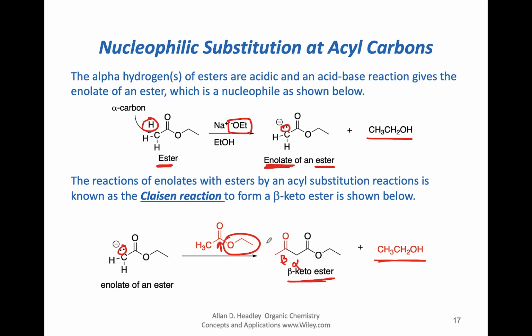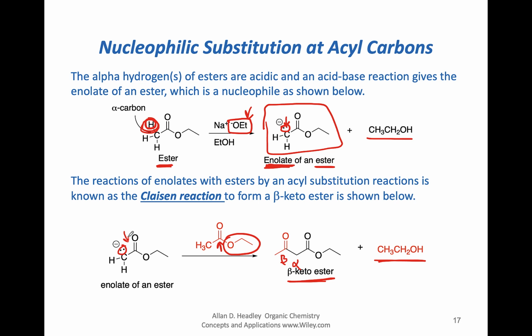So let's go over this one more time just to make sure we got it. If you have an ester, add a strong base to that ester. If that ester has an alpha hydrogen, it will deprotonate, just taking off the hydrogen and leaving the bonding electrons here. This is called an enolate of an ester, which is also a nucleophile.